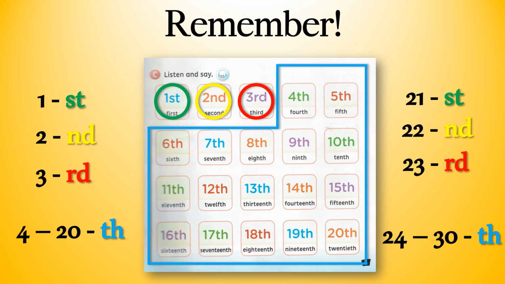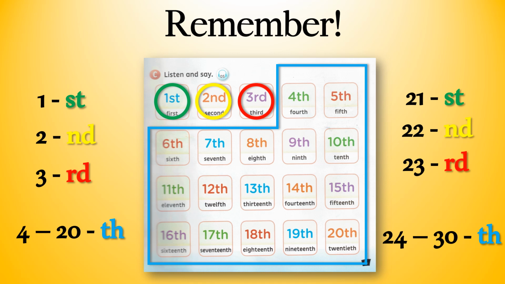When we get to the next set of 10, here it will be 20. The 21st square will be ST because it is 20 and first. The 22nd square will be 20 and then second, ND.